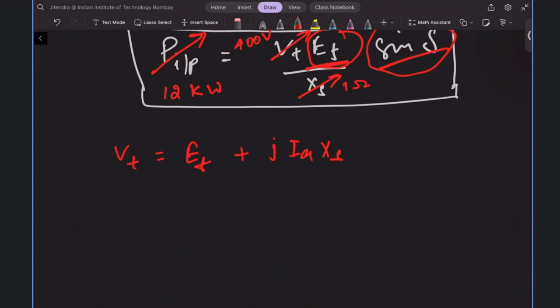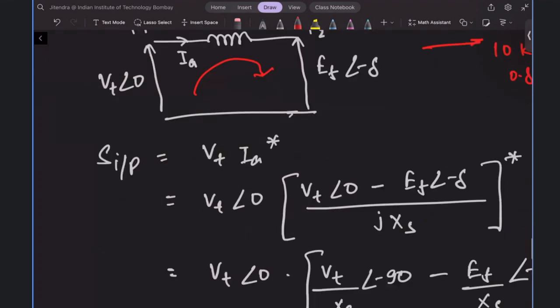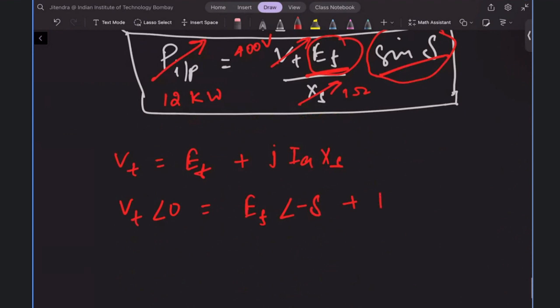Okay. Now it is not as simple as it is looking, right? So VT angle 0, we have to consider EF, we don't know, plus j, if you want to eliminate this j, XS, we know XS is given as 1 ohm, right? 1 ohm into IA, we don't know yet, but we know power factor is 0.8 leading, that will be plus 36.86.